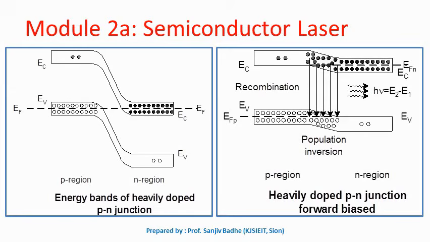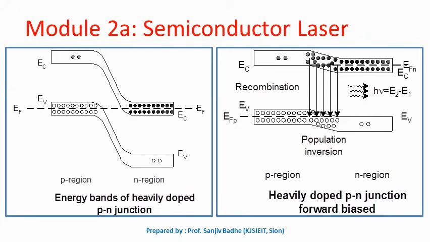Because the photons are obtained when the electrons from conduction band are falling to valence band, energy of all the photons obtained will be EC minus EV, h nu equal to EC minus EV, and therefore all photons will have same frequency and therefore same wavelength. Therefore monochromaticity problem is also solved.